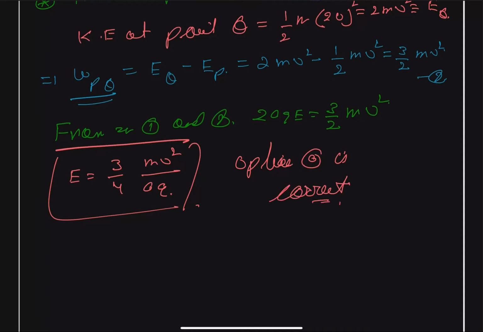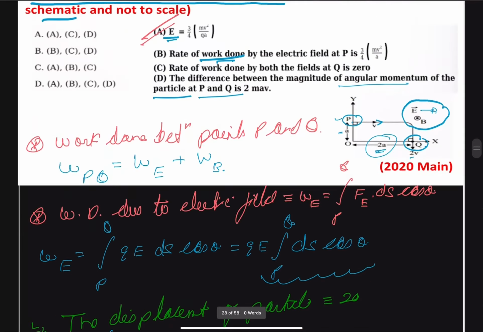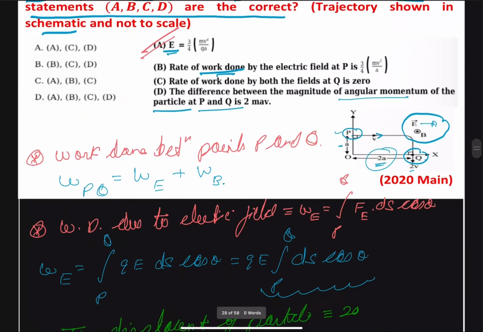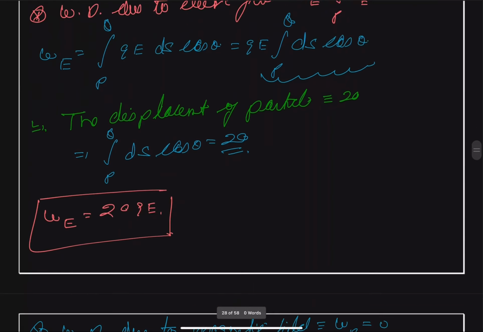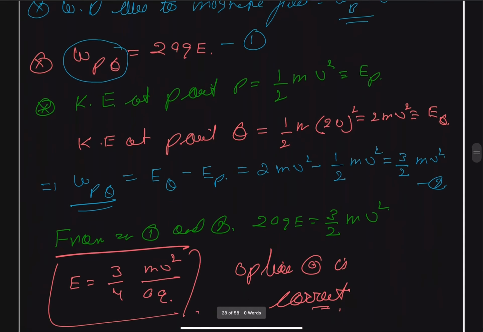Now we have to find out the rate of work done, electric field at P. So the rate of work done is nothing but our power.